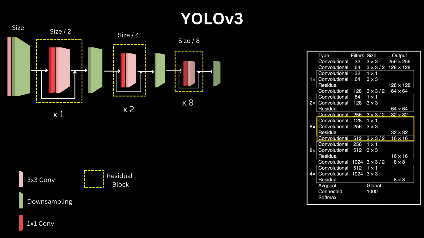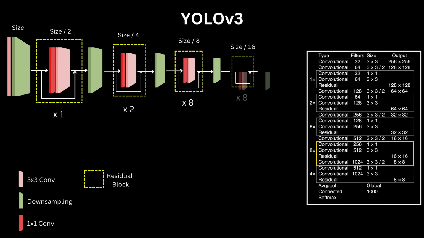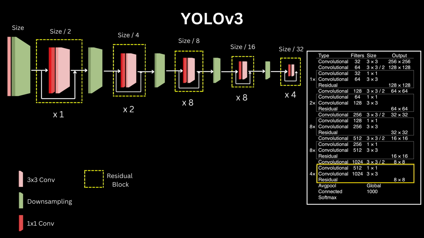Then we have n equals 8, working at size by 8 spatial dimension. The second last stage has again n equals 8 residual blocks, with dimension being size by 16. And finally we have 4 residual blocks operating at size by 32, making the effective downsampling factor of the network to be 32. Post that, we have the classification layers.